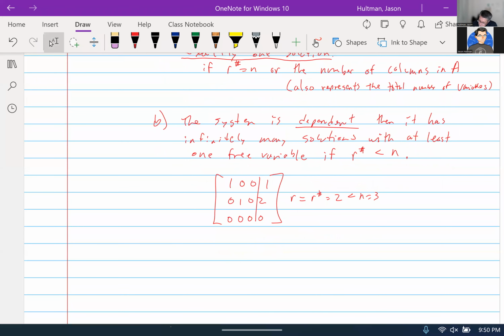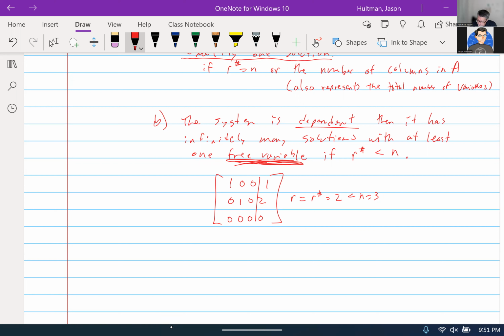How would I represent these infinitely many solutions in this case? And what does it mean to have a free variable? Well, a free variable is just a variable that can take on any value. It's exactly what it says. It's free, a free agent. It can take on any value it wants. It's not locked in to a certain value.